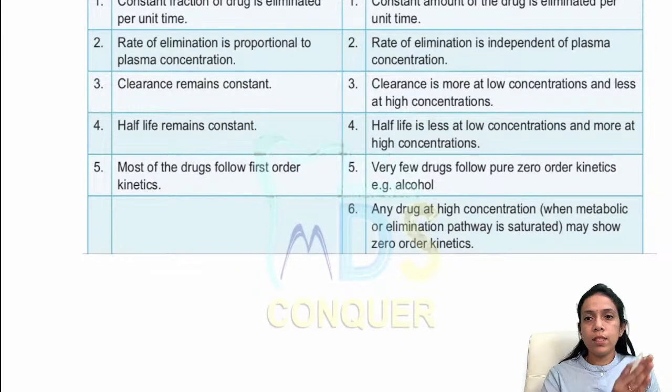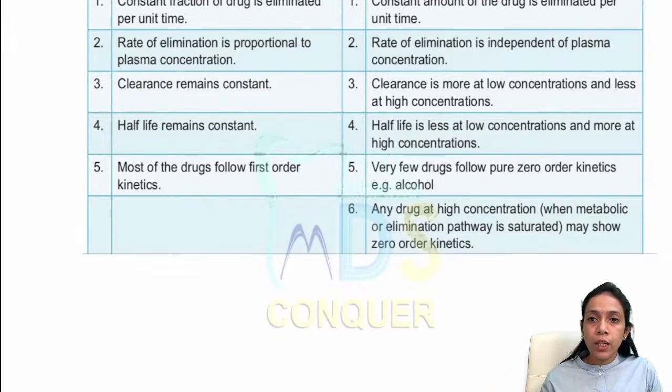As you can see, this is the first order kinetics and zero order kinetics. Half-life remains constant in the first order kinetics. A constant fraction of the drug is eliminated per unit time in first order kinetics, whereas in zero order, a constant amount of the drug is eliminated in the unit time.